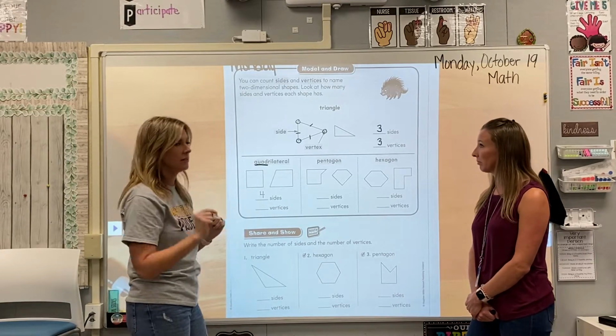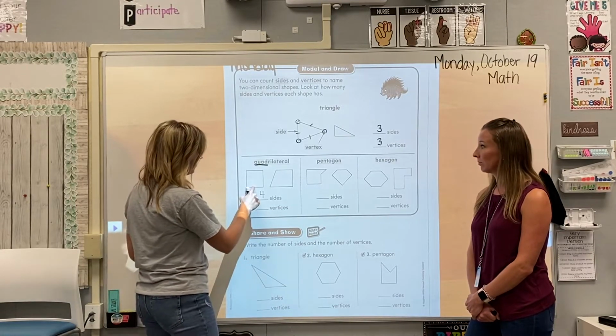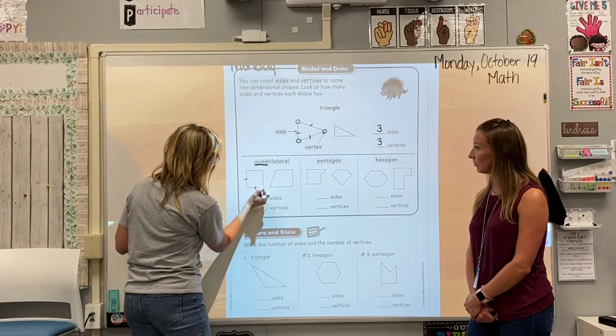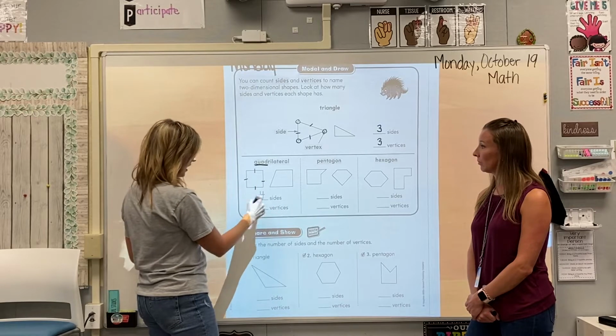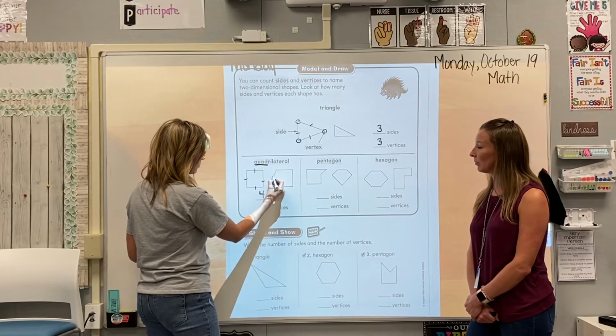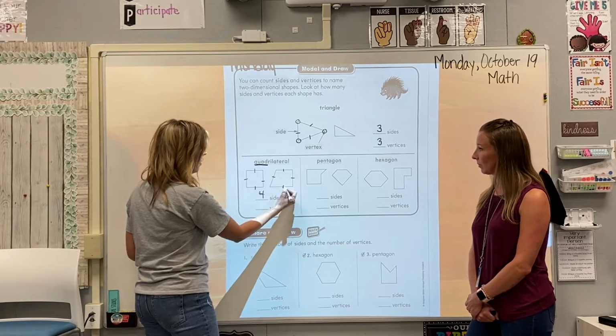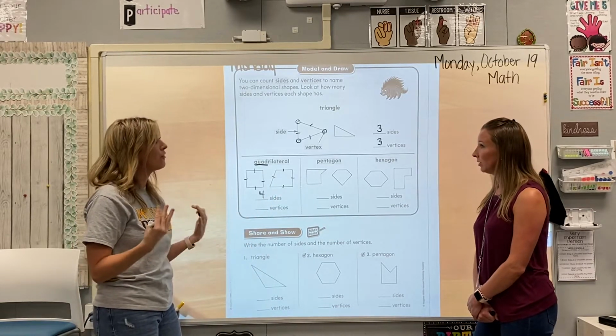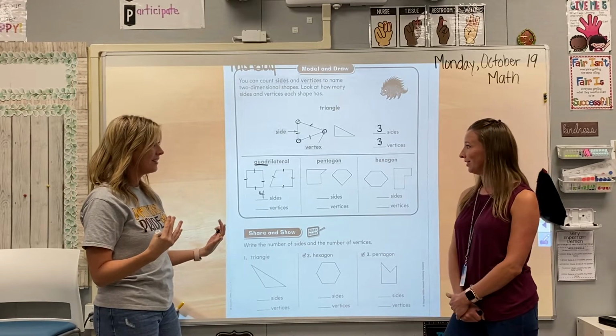Let's count the sides and then I'll get a little deeper into that. So on this, what looks like a square to me, I have 1, 2, 3, 4 sides. They've written that here. And this shape also has 1, 2, 3, 4 sides. Both of those are quadrilaterals because they both have 4 sides. That's so cool, even though they look different.